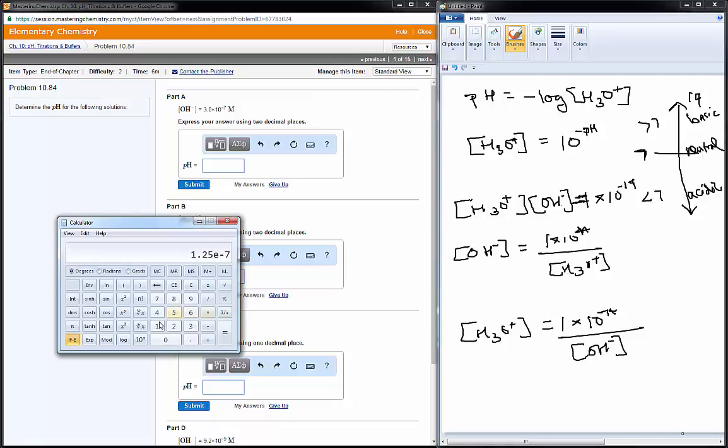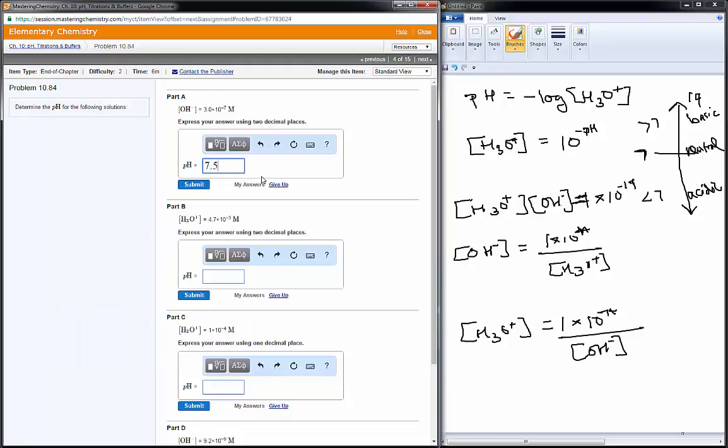So 1 times 10 to the negative 14th divided by 3 times 10 to the negative 7th gives me a H3O plus concentration of 3.33 times 10 to the negative 8th. Plug it in here, take the log of that, take the negative of the log, and I get a pH of 7.477. They want 2 decimal places, so let's say 7.5.